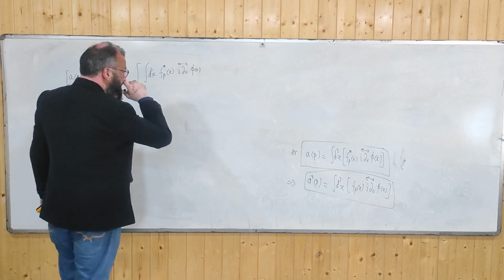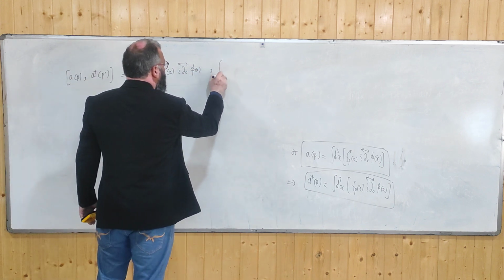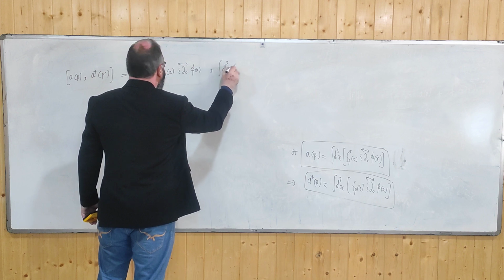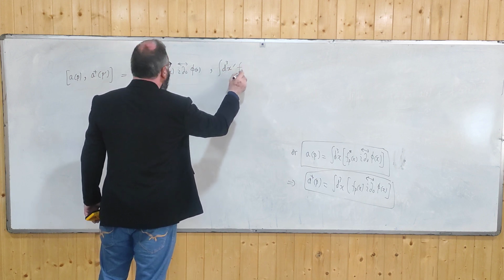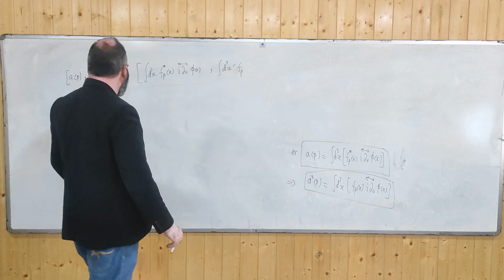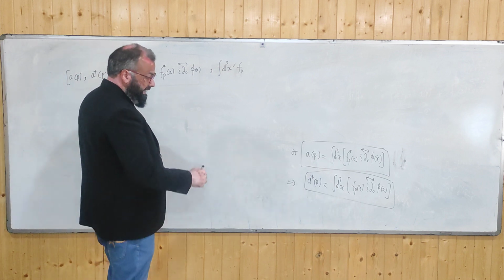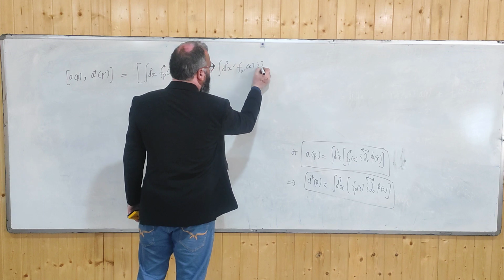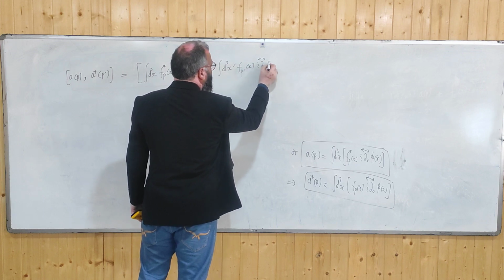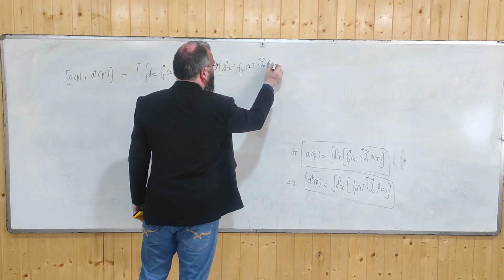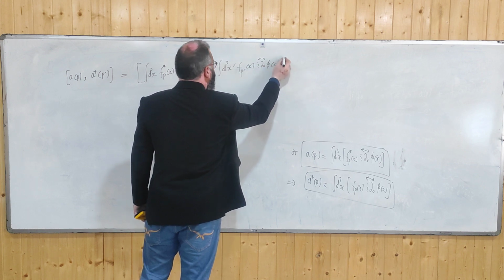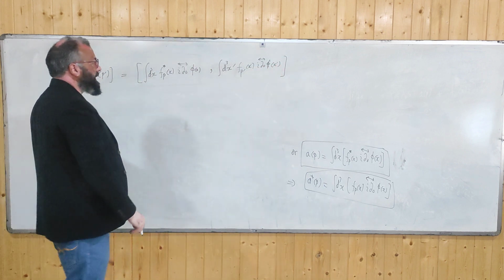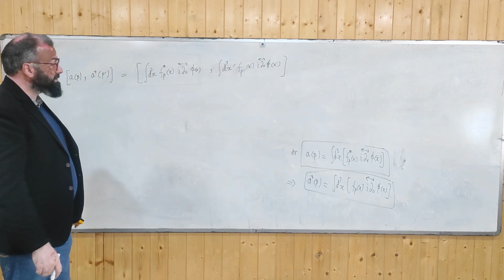Then you have integral d3 of x prime, f p prime. Sorry, p is also prime, and x is a dummy variable here. That's why you need to put prime: x prime. Just remember it.